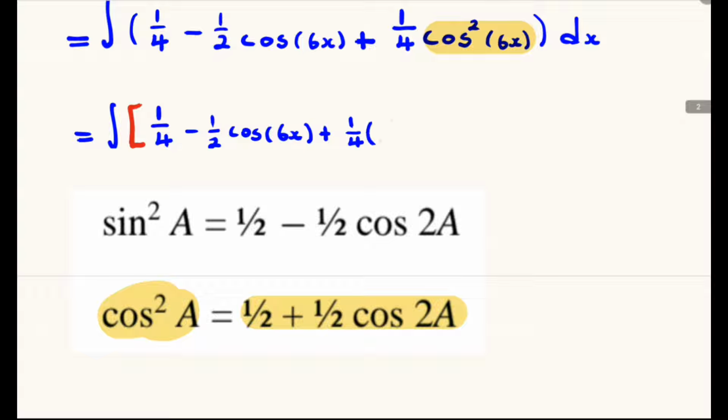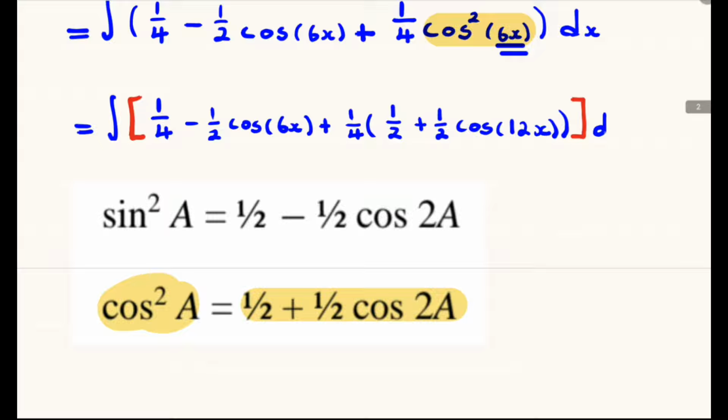So we multiply this by half plus half multiplied by cos 2a, and our a is 6x, so 6x multiplied by 2 will be equal 12x. dx.